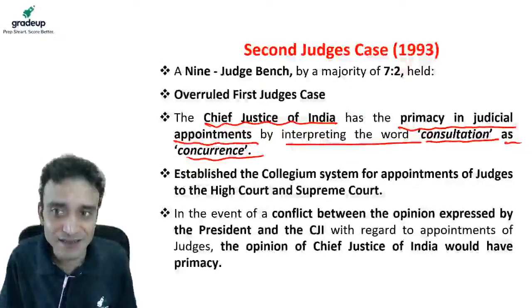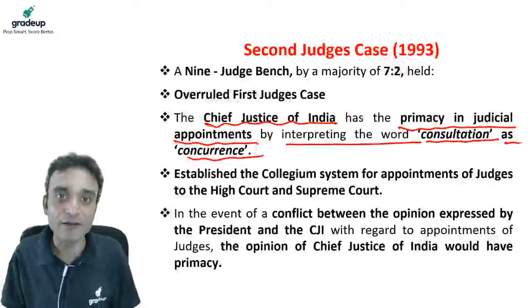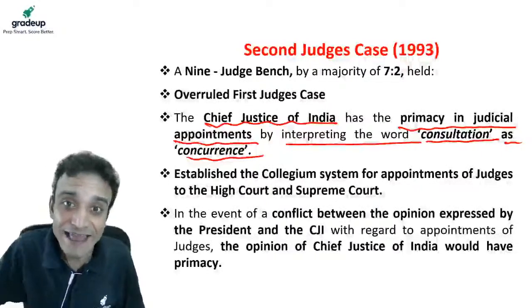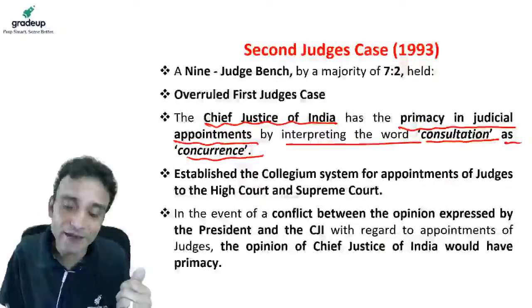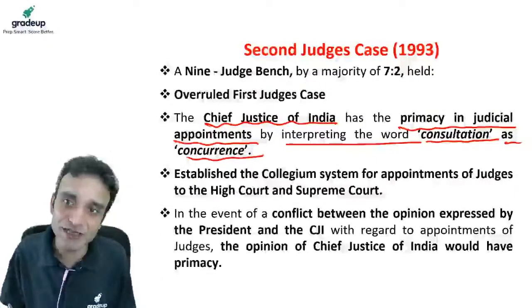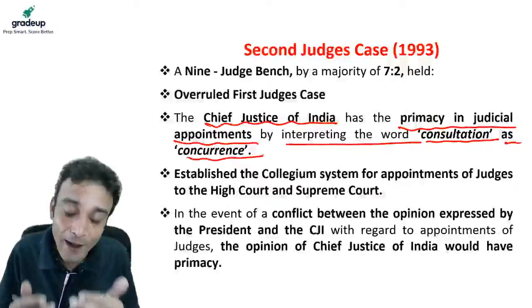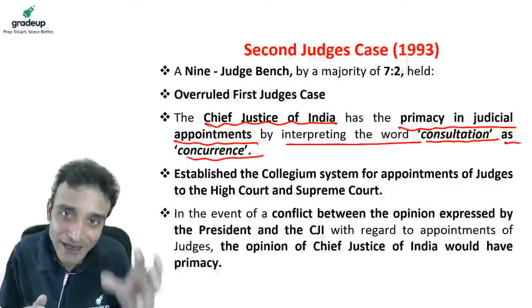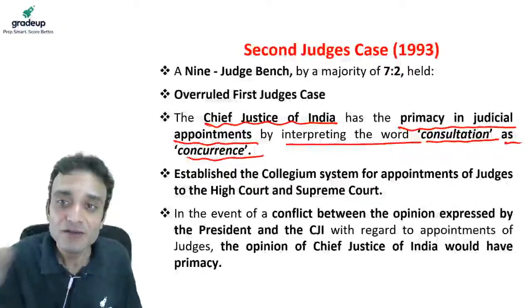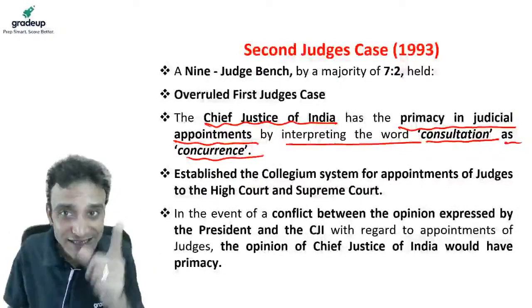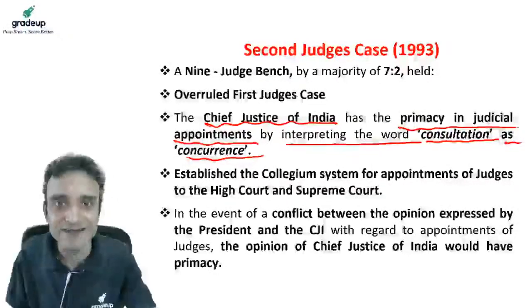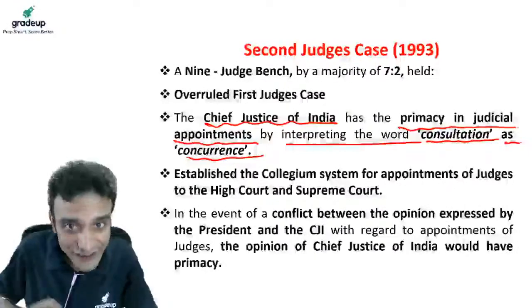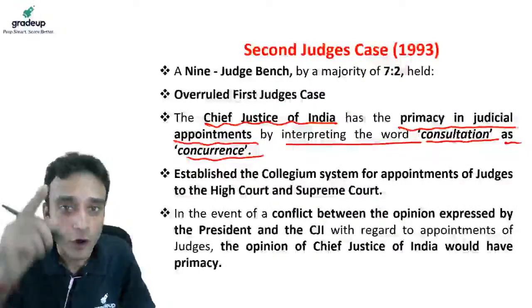The word consultation means to consult someone. The word concurrence means that person's approval is required. So, the original Constitution said that during appointment of judges, the President will consult with the Chief Justice. Now, in the second judges case, the Supreme Court said that no, you cannot just consult with us. Whatever we say, you have to follow.